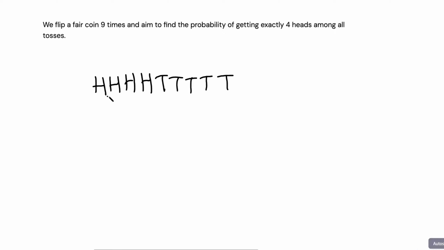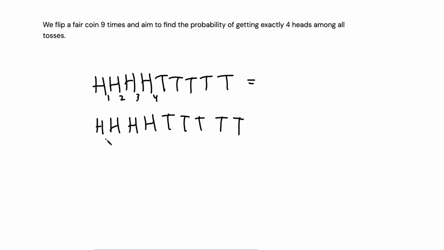So if I numbered h1, h2, h3, h4, this is the same as h, h, h, h, t, t, t, t, t, but let's say I swap 1 and 2, right? Because ultimately, this permutation and this permutation both involve getting 4 heads for the first 4 times.